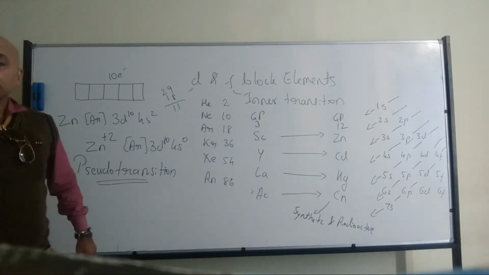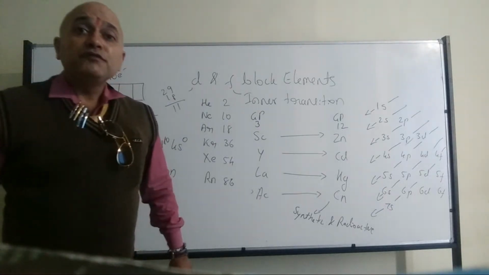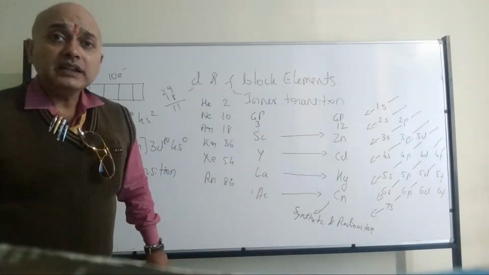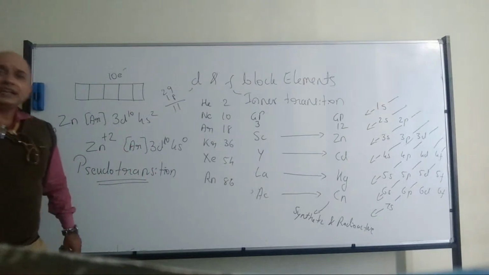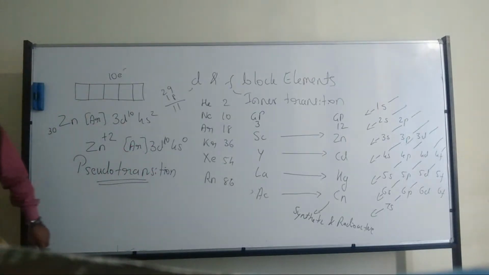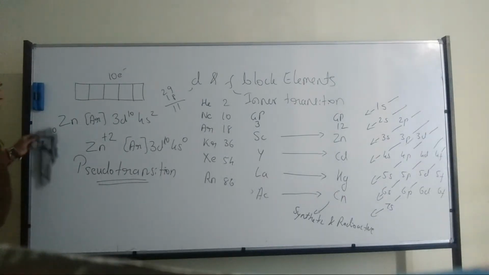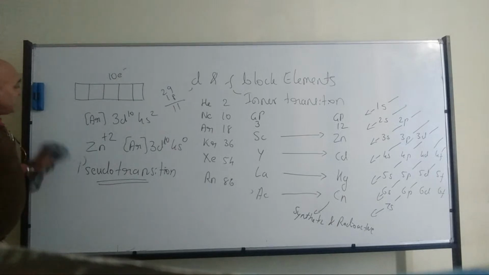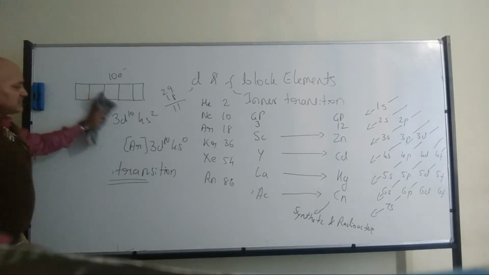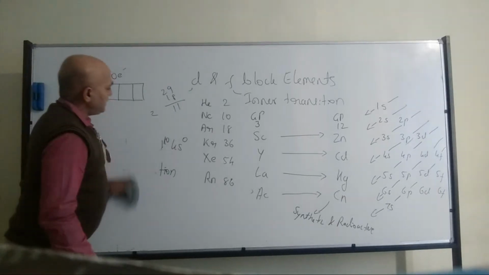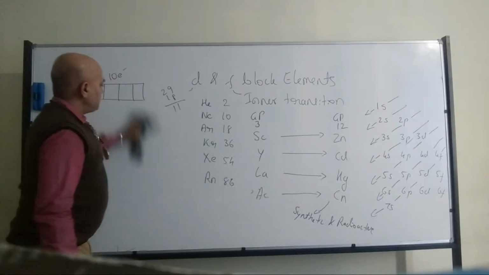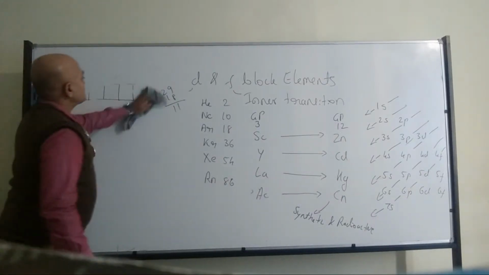These are the group 12 elements which have a completely filled d subshell in their elemental or in their ionic form. Therefore they are called pseudo transition elements. What is the example here? Zinc, cadmium, mercury. Any of these three can be used as an example.